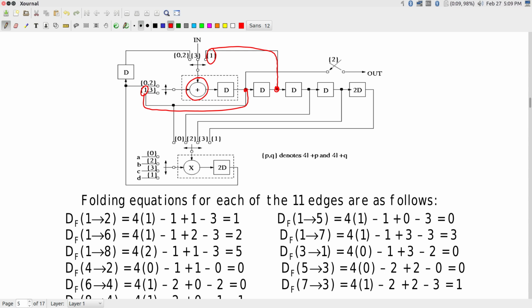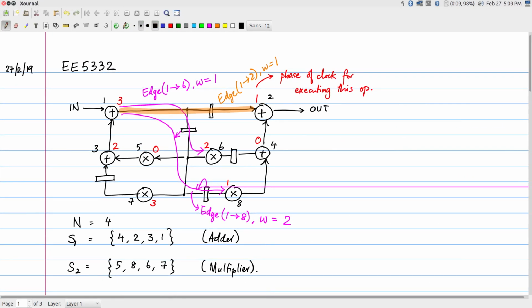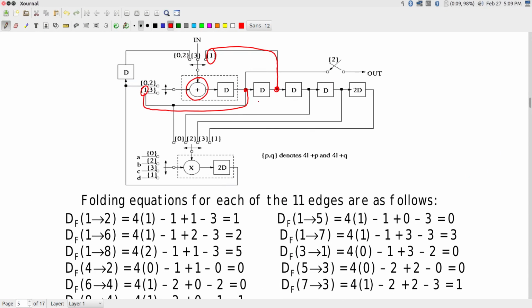Right? So what does that correspond to? If I go back and look at operation number 2, it had two input edges, one from 1 to 2, the other was from 4 to 2. So df from 1 to 2 had a df value of 1, and from 4 to 2 had a value of 0. Okay. So when I say that the df from 4 to 2 has a value of 0, essentially what I am saying is the input to 2, which is coming from 4, is to be taken from the output of my adder module with 0 additional registers after it.